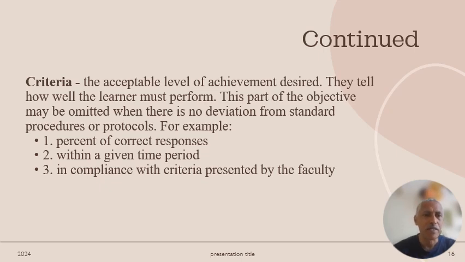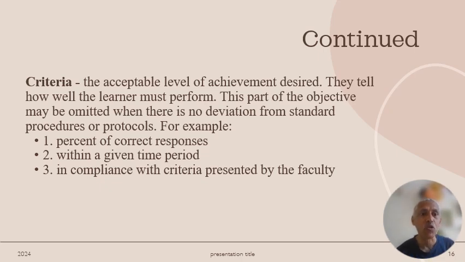For example, you can say percent of correct responses. At the end of the exam, the students should have answered 60% of this. So you can give the criteria in percentage.